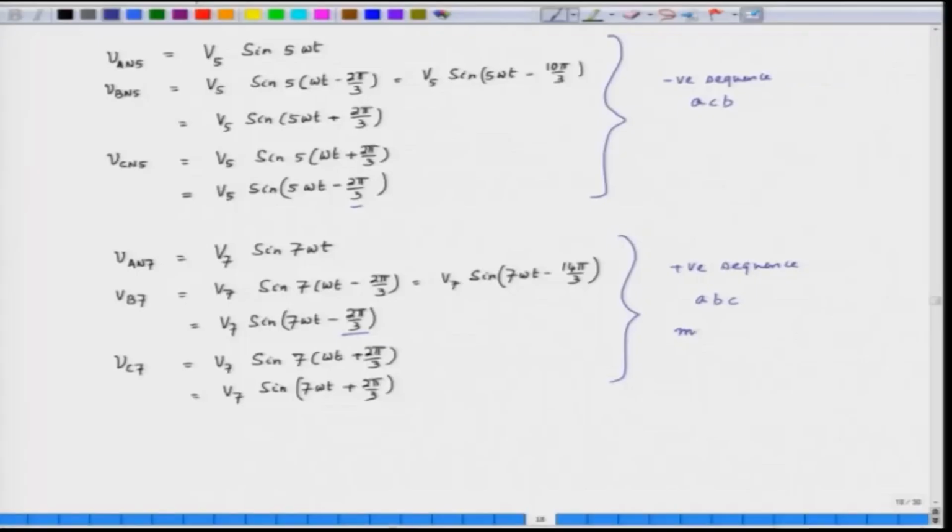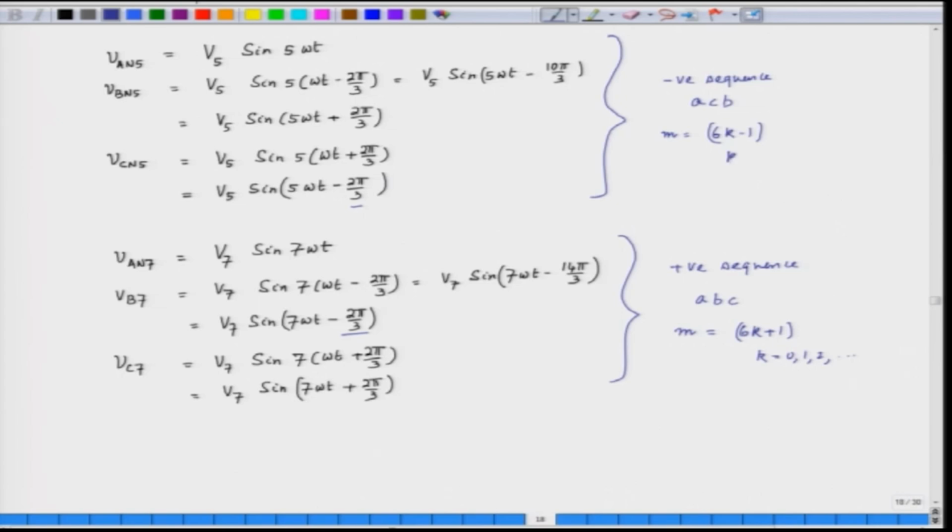Now, we have a general formula. If M is the order of harmonic, for all positive sequence components, we can say that M is equal to 6 k plus 1. What is k? K is varying from 0, 1, 2 and so on. And for the negative sequence component, M has to be equal to 6 k minus 1.